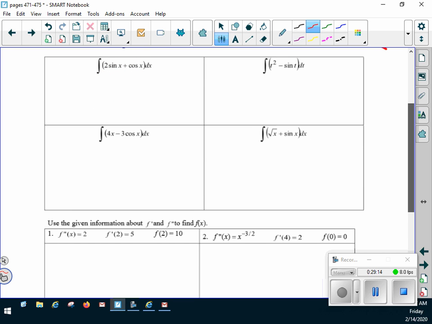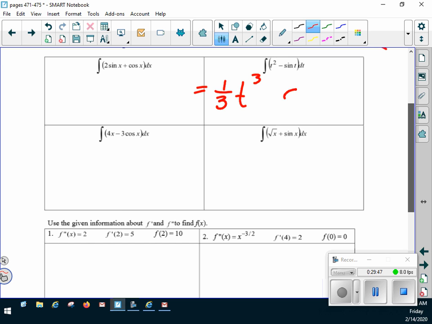Now this next one combines polynomial with sine cosine. What's the antiderivative or integral? T squared? What function has a derivative of minus sine t?